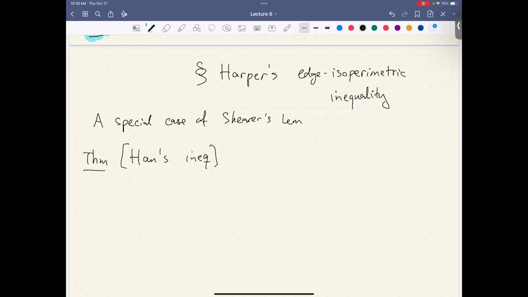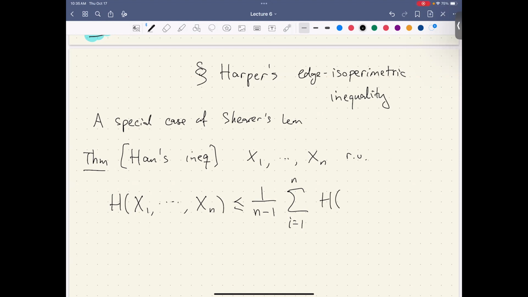So Han's inequality says we have X1 to Xn, discrete random variables. Then their joint entropy is at most 1 over n minus 1 times the summation, i goes from 1 to n, of the joint entropy but with Xi removed.